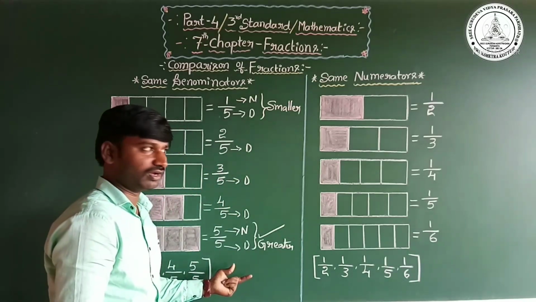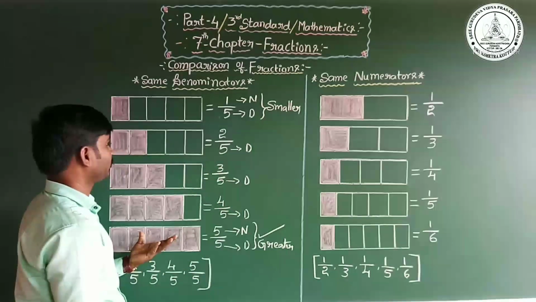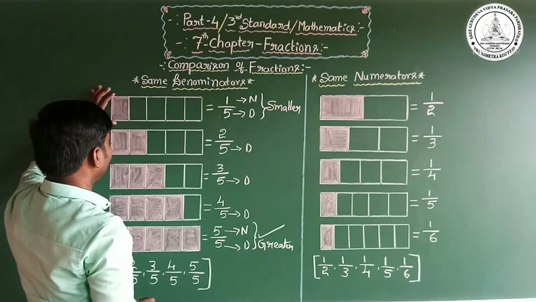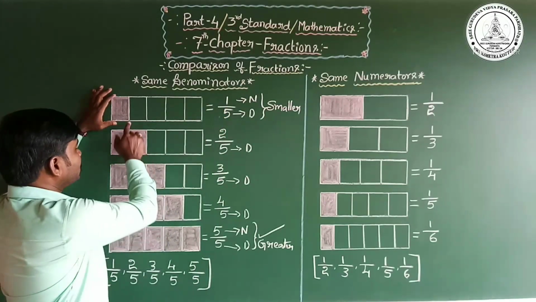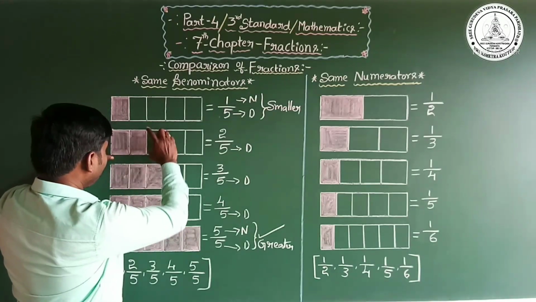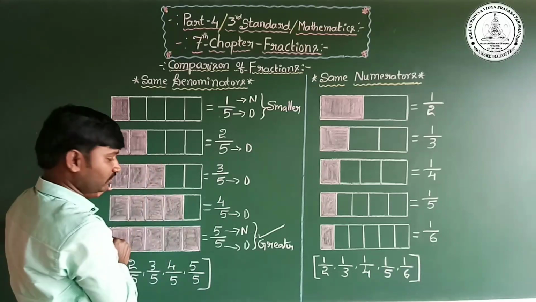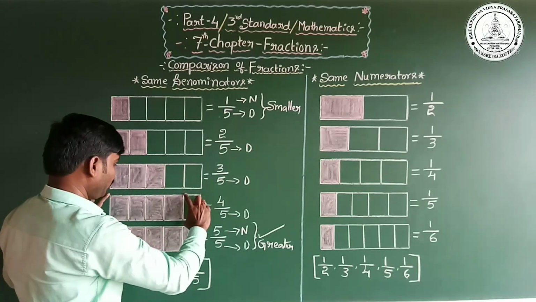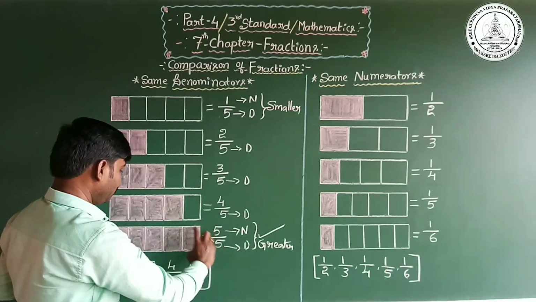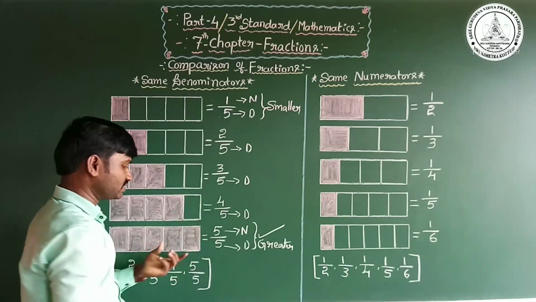Understood? Observe here: in this figure divided into 5 parts, 1 part is very small compared to the others. 2 is smaller than 3, 3 is smaller than 4, and 4 is smaller than 5. So in total 5 is the biggest.